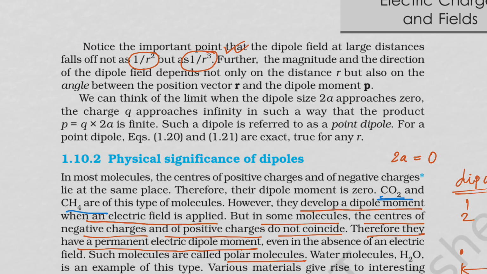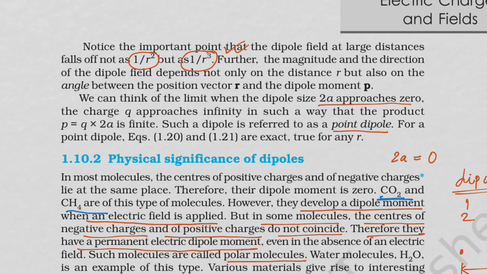And when we decrease the size of the dipole, when 2a approaches 0, then the dipole can be referred to as a point dipole.